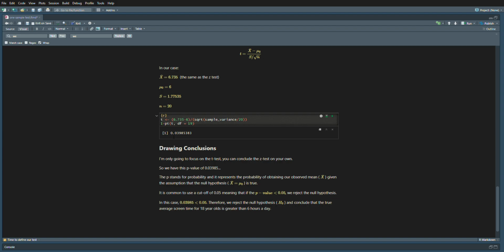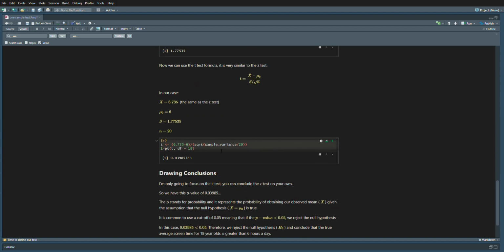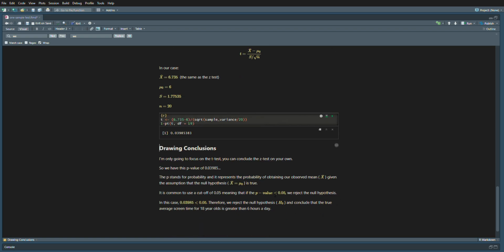So the probability of obtaining this value, 6.735, is quite small if the actual mean was 6, or mu naught. So the probability is about 3%.